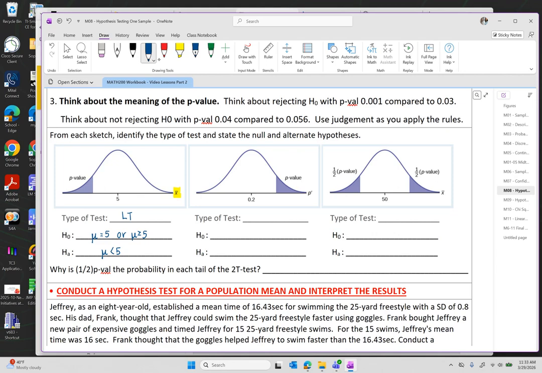For the next one, the one in the middle, notice here that p hat is the proportion of the sample. So this is the distribution of a sample proportion. I see that the right tail is shaded. This is a right tail test.